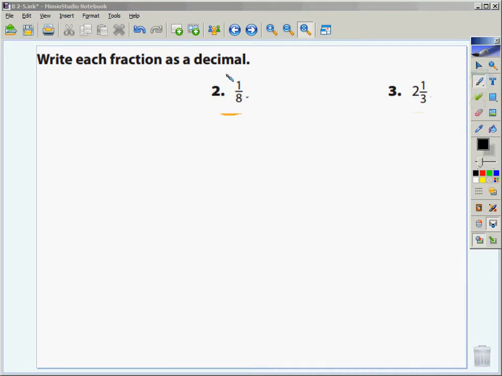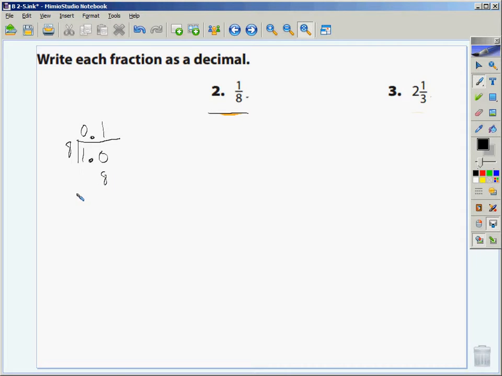So, when I'm looking at this number, 1/8, it's saying I'm taking 1 and dividing it by 8. The 8 goes on the outside, the 1 is on the inside, and I put a decimal down. Does 8 go into 1? No. I add a 0. Does 8 go into 10? Yes. Goes into it once.